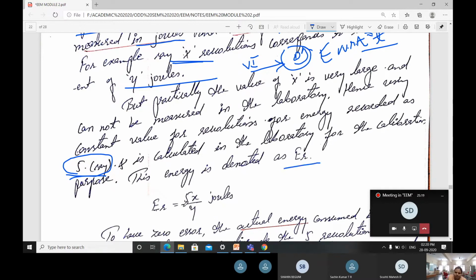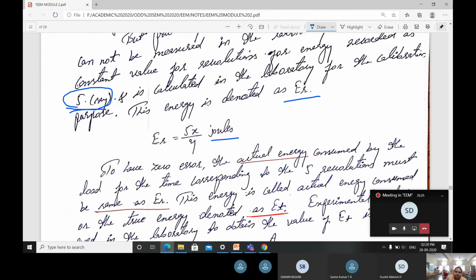That ER is going to be taken as 5x divided by Y joules. Then, to have zero error, the actual energy consumed by the load for the time corresponding to the 5 revolutions must be the same as ER.